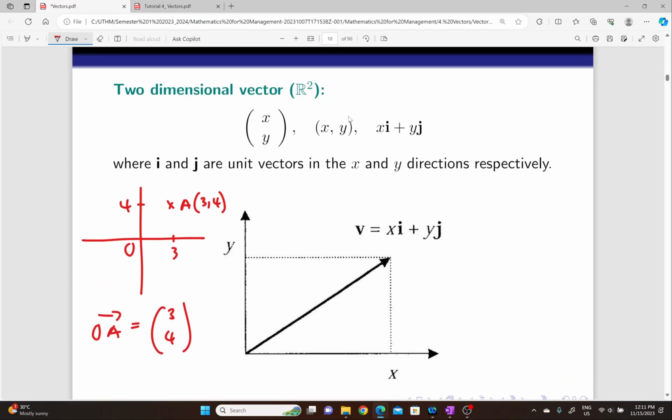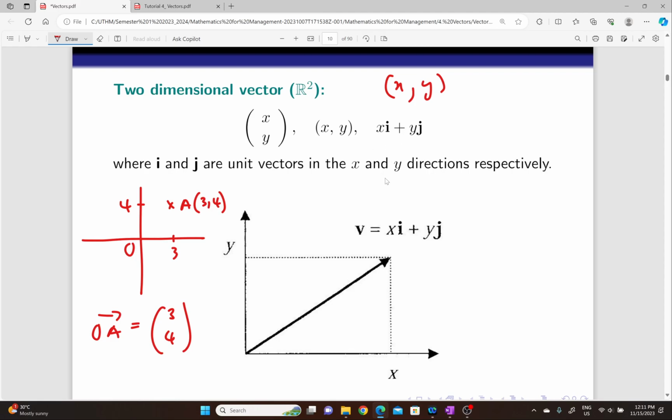Another notation is simply the coordinate, when you write like this. If we say point, then it's just a coordinate. If we say vector, then this notation takes the ideology of vector. For this syllabus, this chapter, for simplification, I think we are going to use this notation.